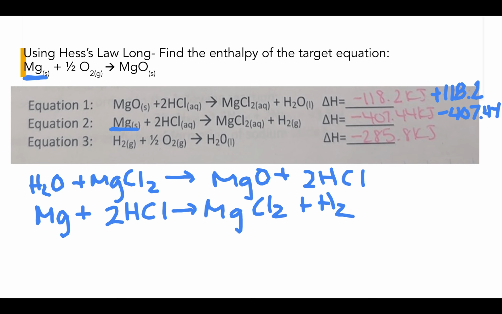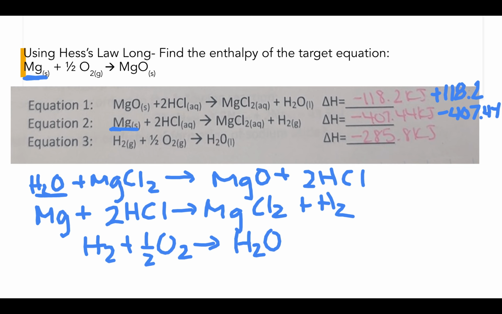Water is not in my target equation, but what I do have is water in my first equation as a reactant. So because it's not in my target, I do want it to cancel. So I'm just going to keep this one again as is so that I see it as a product, and that way I can cancel it. So because I kept it as is, this value would stay the same.